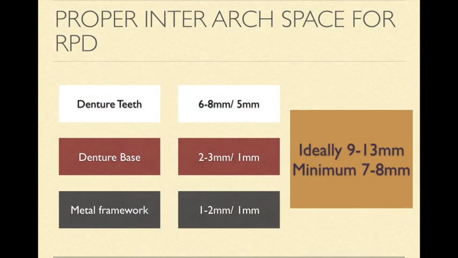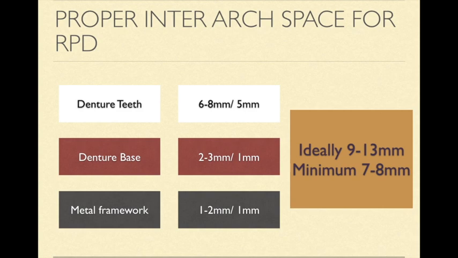So what is a proper intra-arch space for removable partial dentures? Think about that first. A removable partial denture actually includes three different parts. On the bottom is your metal framework, on top of it is the denture base material, and then you set the denture teeth on top of it. First, think about the metal framework.